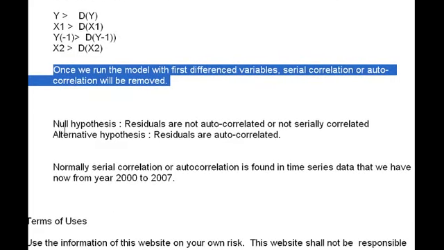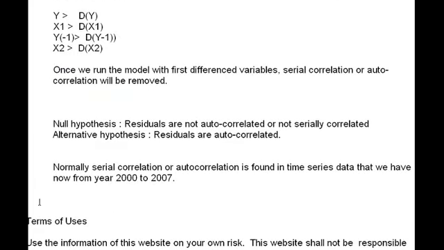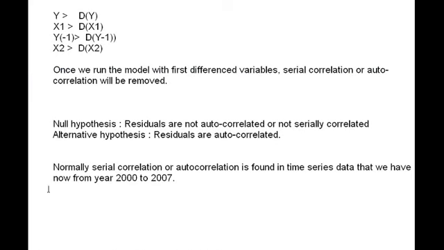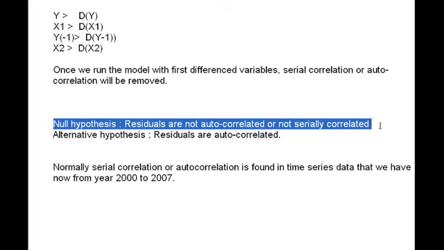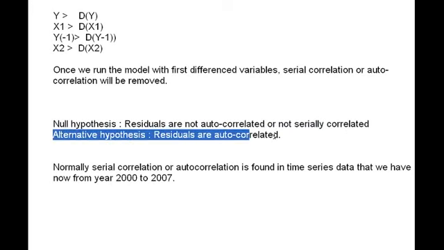Here, what is our null hypothesis? The null hypothesis is that residuals are not autocorrelated or not serially correlated. That is our null hypothesis, and the null hypothesis is desirable. And what is the alternative hypothesis?